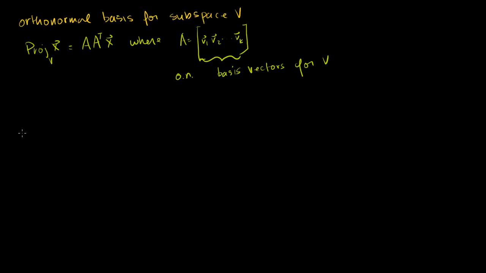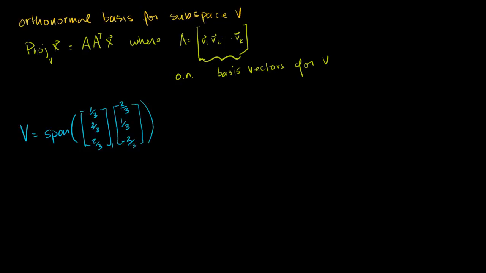So let's say V is equal to the span of the vector 1/3, 2/3, 2/3, and the vector 2/3, 1/3, -2/3.